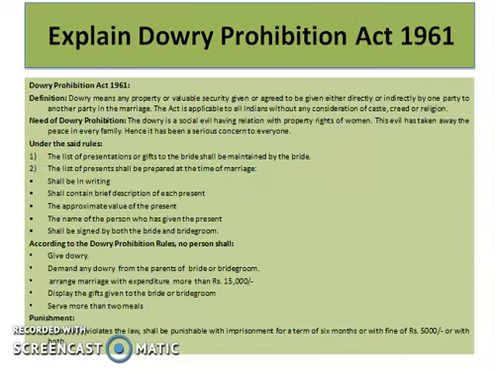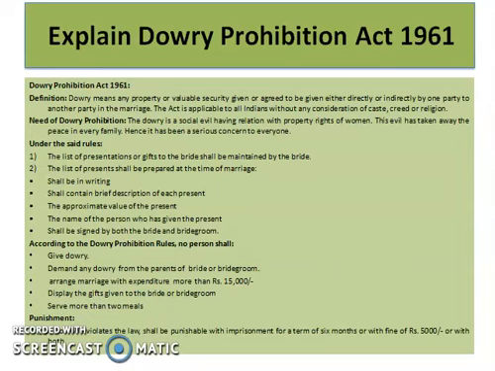The next question. Explain Dowry Prohibition Act 1961. Dowry Prohibition Act 1961 came into existence during the year 1961. The definition of the dowry is like this.